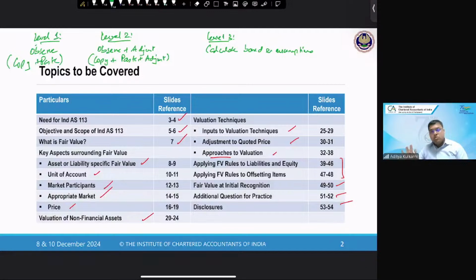Now, there are 2-3 exceptions. The first exception, I told you: there is a level 1 input, but there is a significant event that has happened, because of which your price has changed the next day. So what are you going to do? It is observable, but you are taking the next day's price because that is a better representative of the fair value. So despite being level 1, it is moving into level 2.